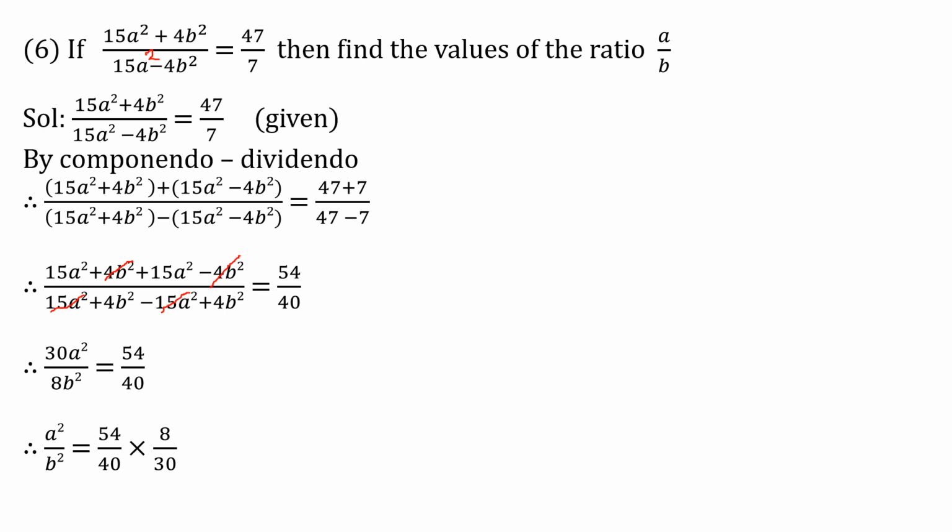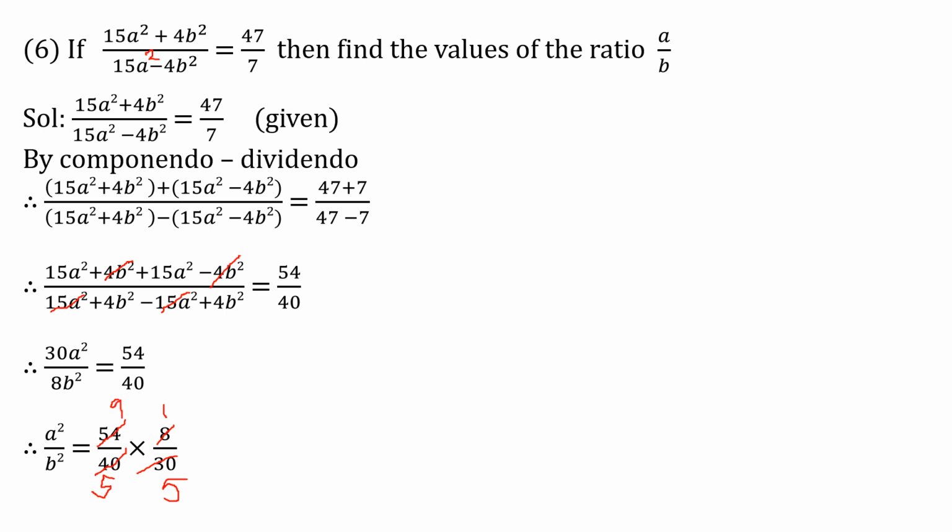Both 8 and 40 go in the 8 table directly. 8 ones are 8 and 8 fives are 40. So we'll write down 5 over here. And 54 and 30 also you can cancel, both in the 6 table. So 6 fives are 30 and 6 nines are 54.